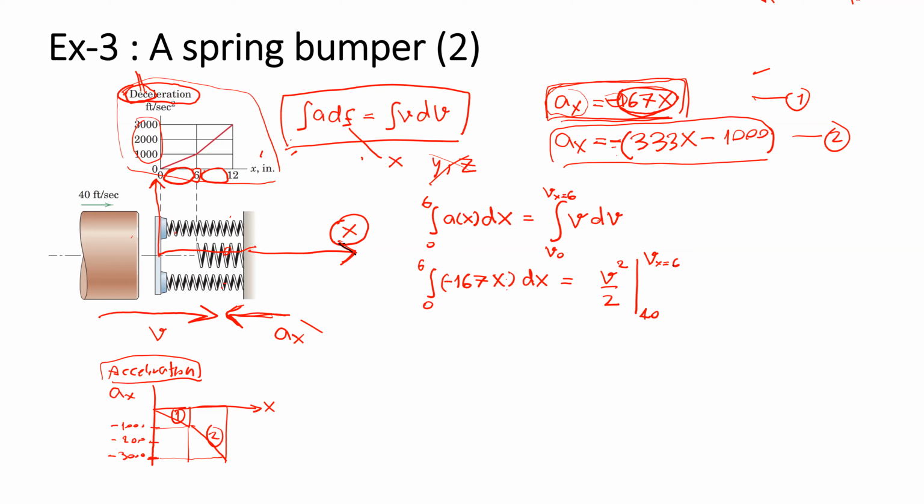By this we can do the integration, x squared divided by 2, from 0 to 6, equal to the right hand side, v, which is unknown, divided by 2, v at x equal to 0, which is unknown, subtract 40 squared divided by 2.